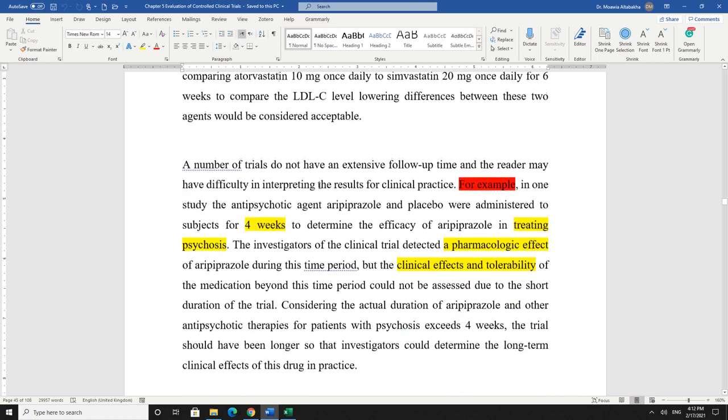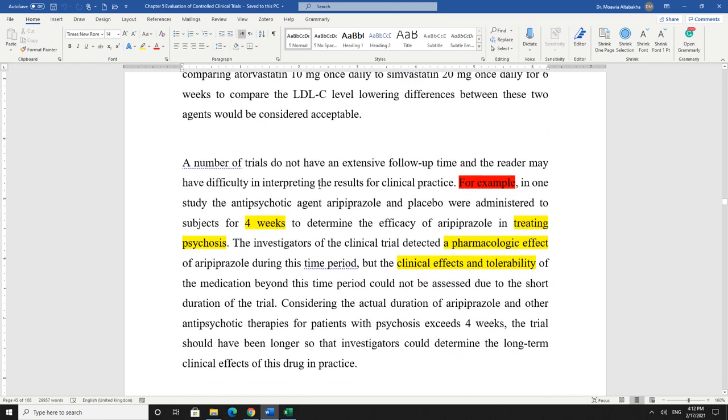Okay, if we go to another drug which is used for the treatment of psychosis, which is aripiprazole. If the investigators only tried for 4 weeks, they cannot judge if it has clinical benefits. In 4 weeks, they can only judge if it has any pharmacological effects.